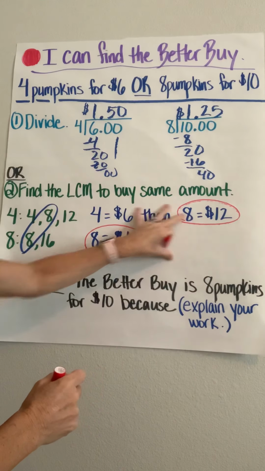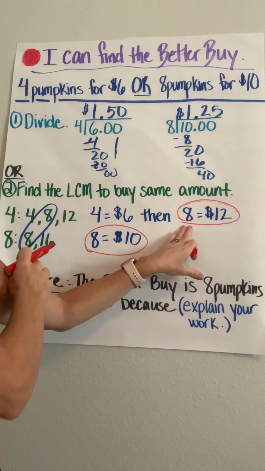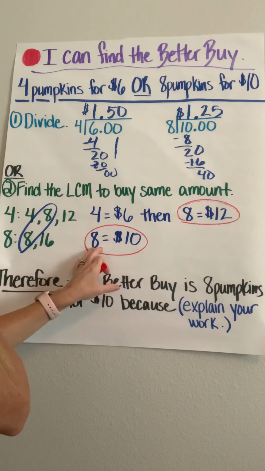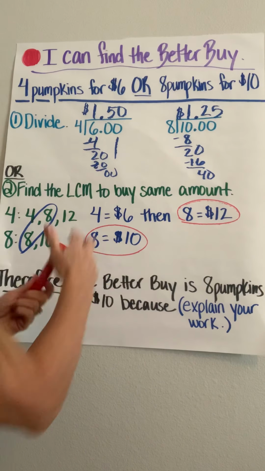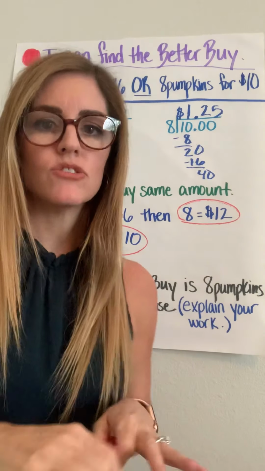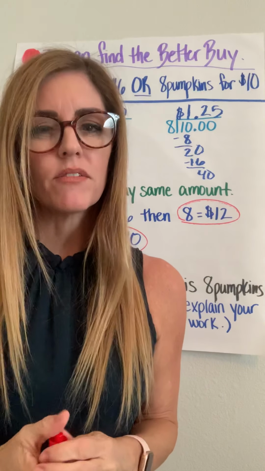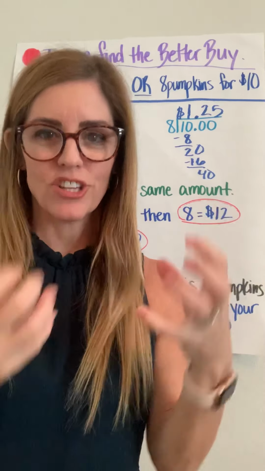But if you choose this method, you would say 4 for 6 would actually be 8 for $12, and the other one is 8 for $10. $10 is cheaper. So it depends which one you choose to do, but you will have to explain it. It's nothing complex. You just have to explain what your answers were from the work you did. That's all. So just be prepared for that. You can't just guess, oh, I think this one's cheaper. You have to actually apply it.